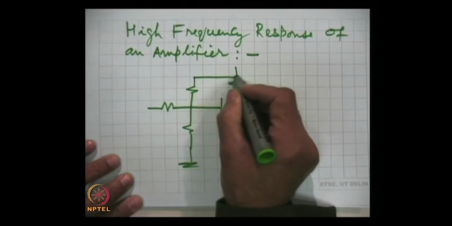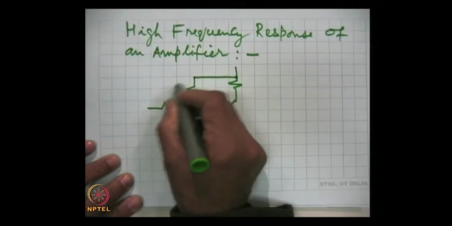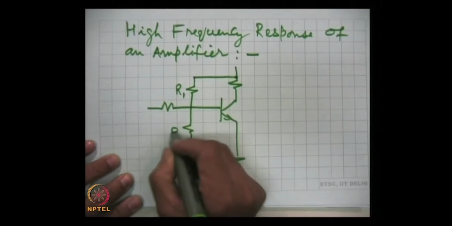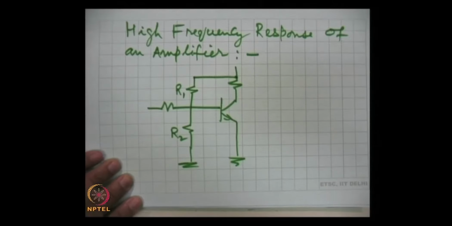I am sure you remember that when we draw the AC equivalent circuit, capacitors we have taken as short, that was one condition, and the other is that DC voltage sources have to be brought to 0, they are grounded.